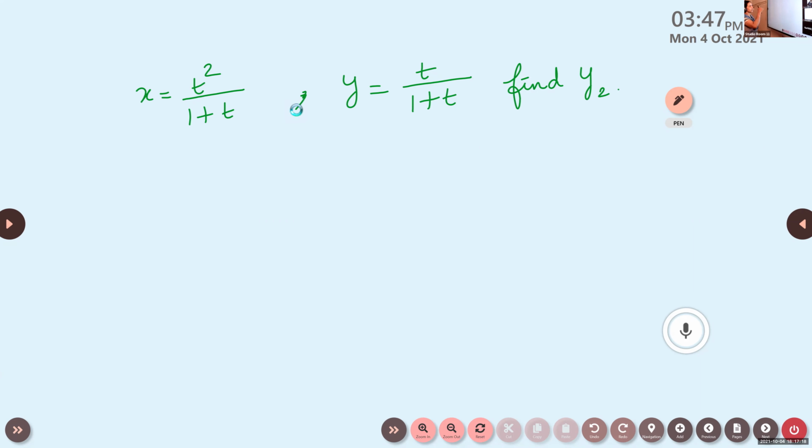So we have to find dx by dt, dy by dt. For finding dx by dt, we have to use the u by v rule. For finding dy by dt, we have to use the u by v rule.